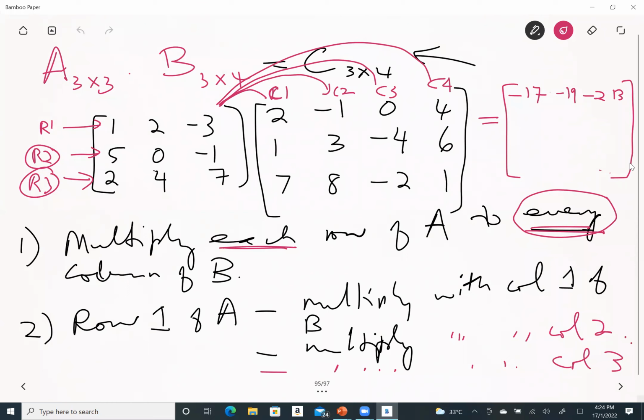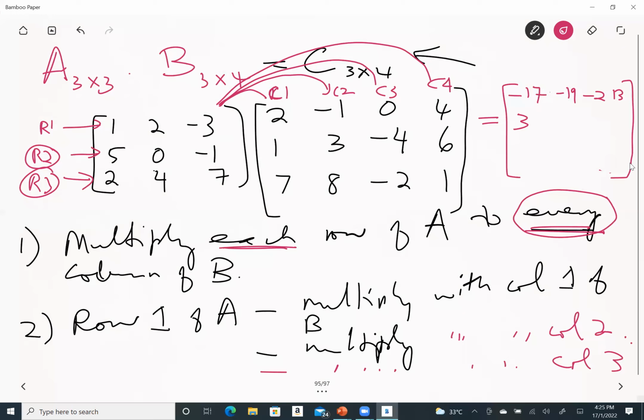I got 17. Oh, no. Yeah, I'm wrong. You're right. So it should be 3. You see? So make sure you multiply correctly, all right? Because the first time I got 17 because I missed that sign. So it should be 3. Okay, thank you. Second one?